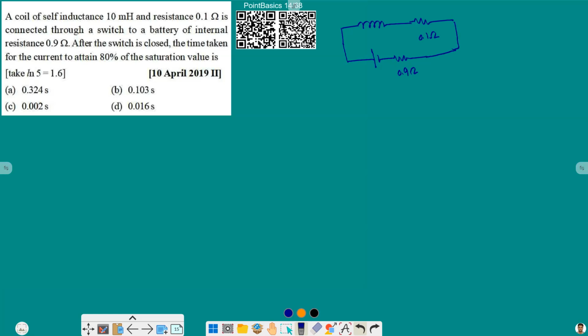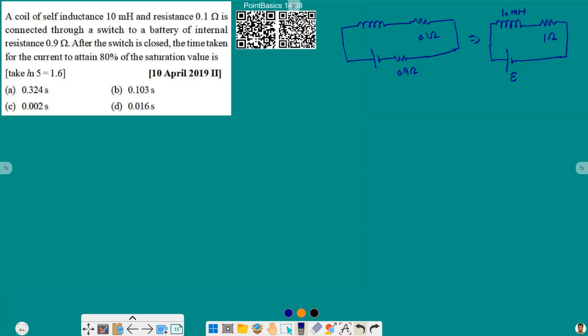Now this whole circuit can be represented like this: we have an inductor and a total resistance of 0.1 plus 0.9, that is 1 ohm, and we have a battery here. The inductor is of 10 millihenry, and the battery we don't know, so suppose the battery is E.